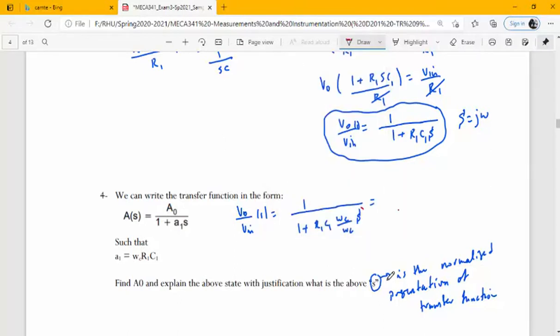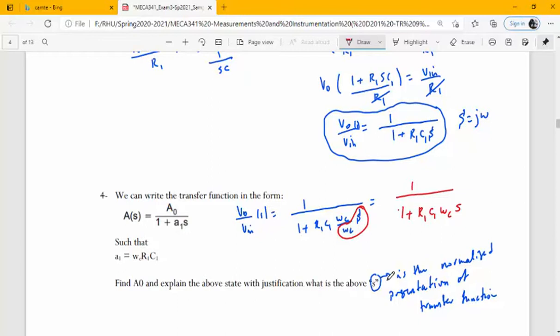okay, the S over omega C is the normalized. We normalize it, we divide it by omega C. This would be small s. Okay, so it is equal to 1 over 1 plus R1 C1 omega C small s, okay, such that s is the normalized frequency, okay.